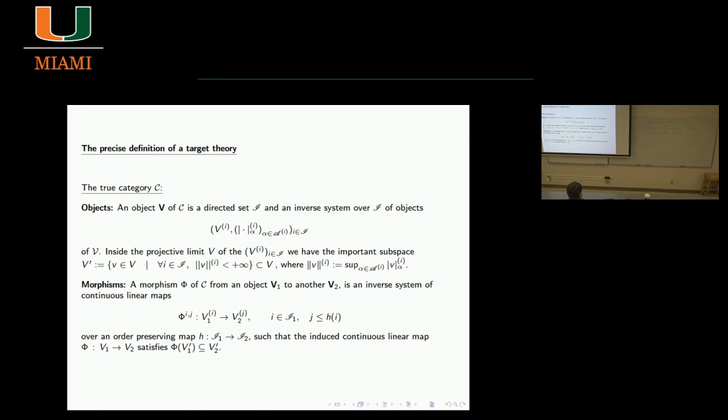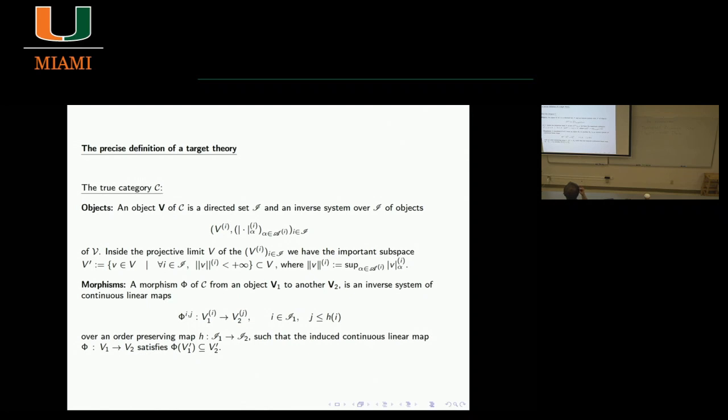So the seminorms are indexed by two things: one from the indexing set I, and another from the set that indexes the seminorms for that I. So the seminorms have two indices.